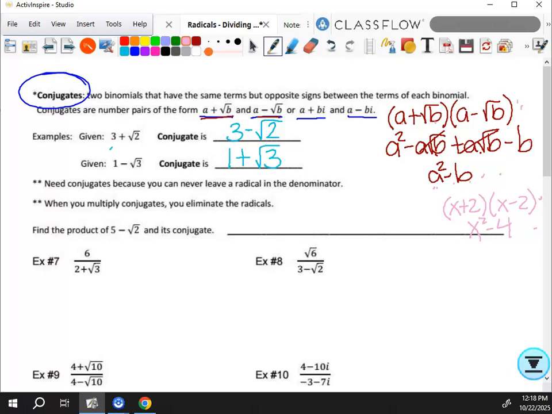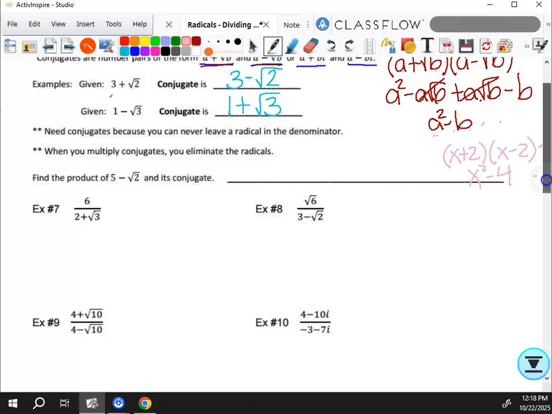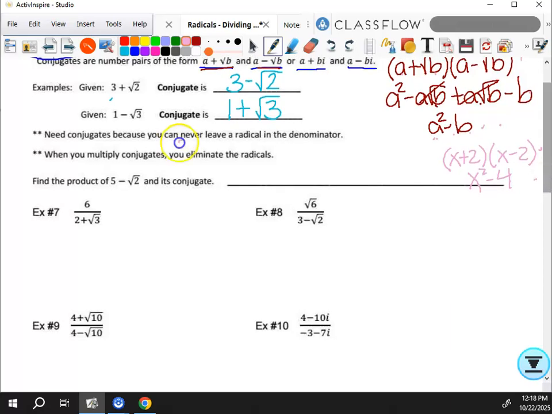That's all it is. So we need the conjugates because you can never leave a radical under the denominator. And when you multiply conjugates, you eliminate the radicals. So if you didn't eliminate the radical, you didn't actually use the conjugate. So if I have 5 minus the square root of 2, and I'm going to multiply it by its conjugate, which is 5 plus the square root of 2, I don't have to do all these steps over here.